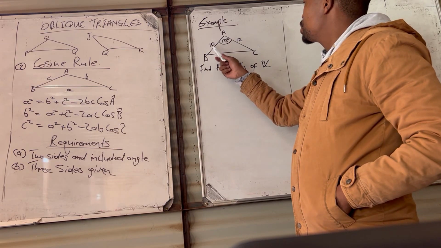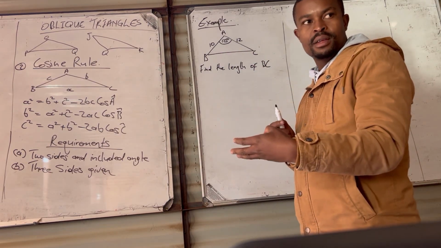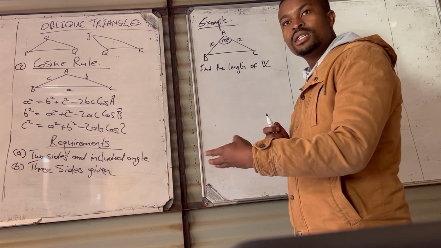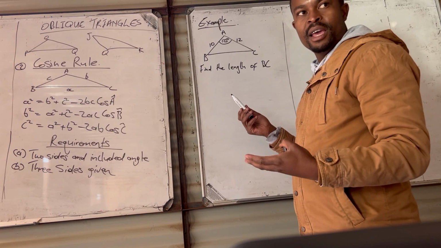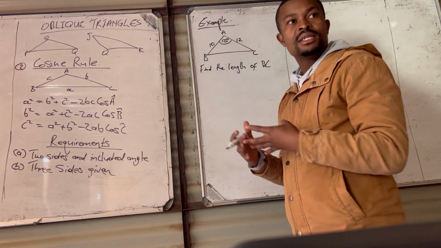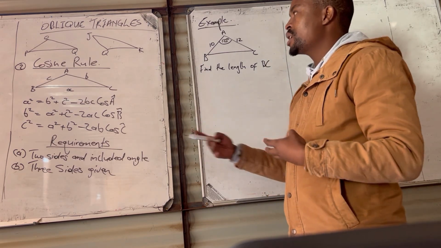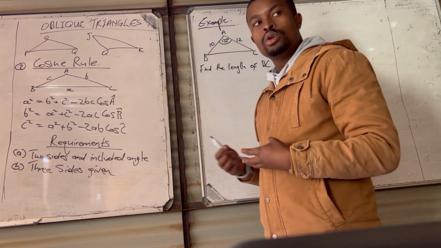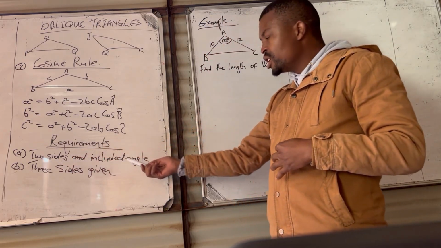We've got two sides. For the sine rule you must have two sides and an opposite angle. Here the side is not opposite the angle, so we cannot use the sine rule. We use the cosine rule, which talks about two sides and an included angle.